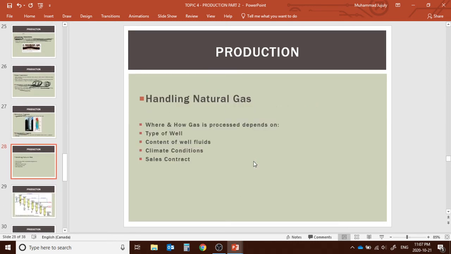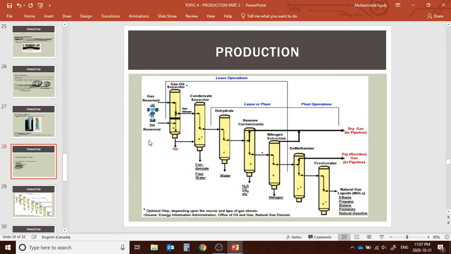Okay, natural gas, let's come to that. Where and how the natural gas is processed depends on the type of oil, the content of the oil fluids, climatic condition, and the sales contract. How the sales contract comes in, we'll see that. When you get the gas from the gas reservoir, there is a stack of separators, as I showed you.